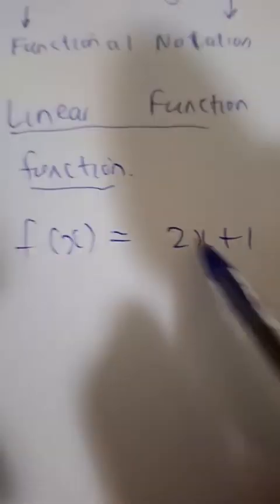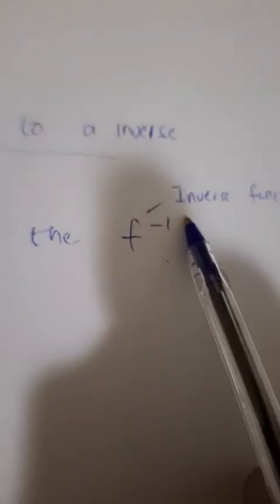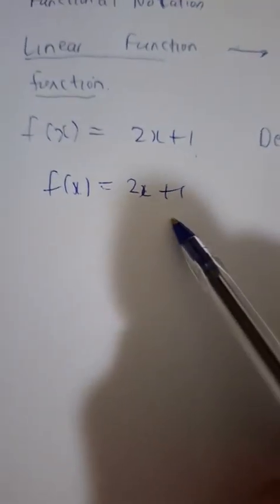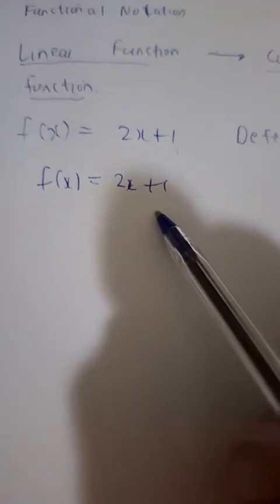But what is the function that we are given? This is important. So we are given a linear function and we are asked to determine its inverse. Okay, so the way we go about this, guys, is very straightforward and simple. So step by step, this is what we do. So firstly, write down the function that we have been given, which is f of x is equal to 2x plus 1.